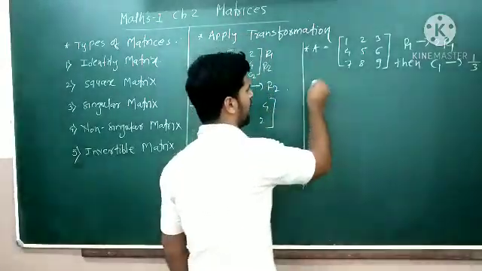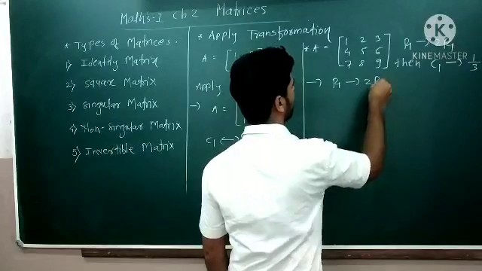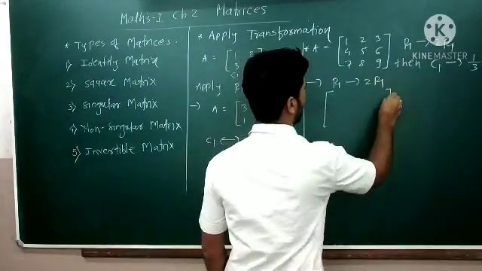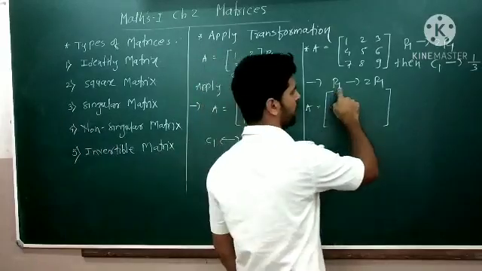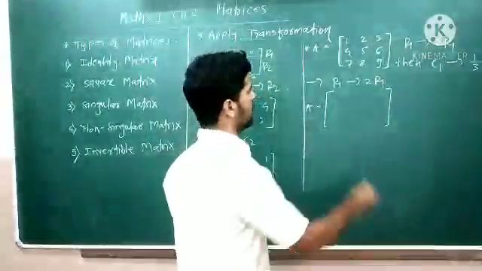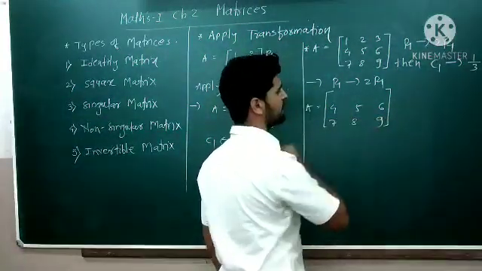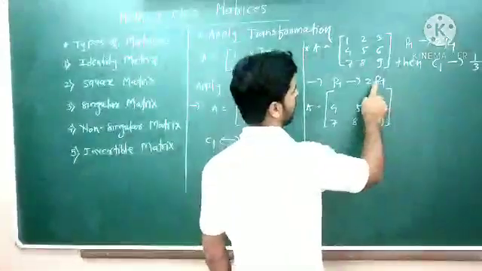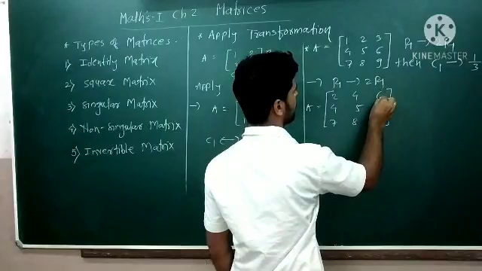So first I will apply the first operation, that is R1 changing with 2 times R1. I will apply this operation to R1 only. You have to make changes in R1 only, R2 and R3 will be as they are. So 4, 5, 6, 7, 8, 9 is as it is. Then multiply R1 by 2. So you get 2 into 1, 2 into 2, 4, 3 into 2, 6.